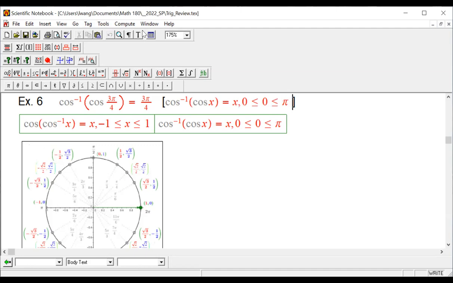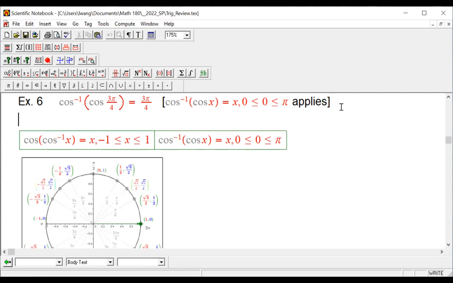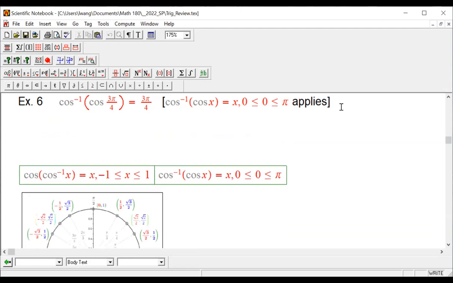So it's nice that you recognize the shortcut that applies, okay? But what if you don't know, or you forget, or you are confused? What do you do?